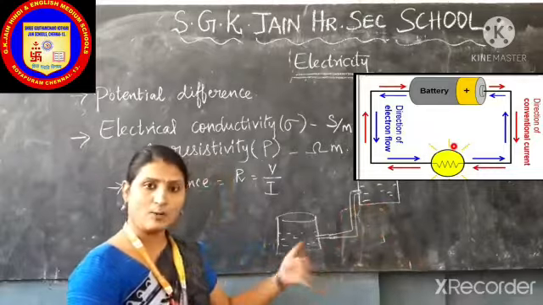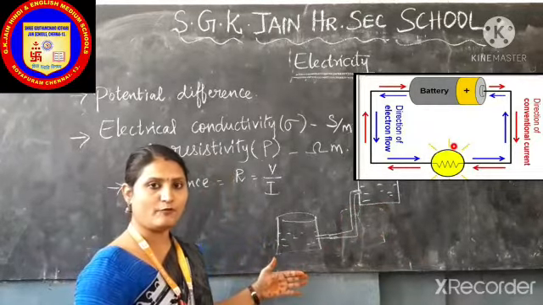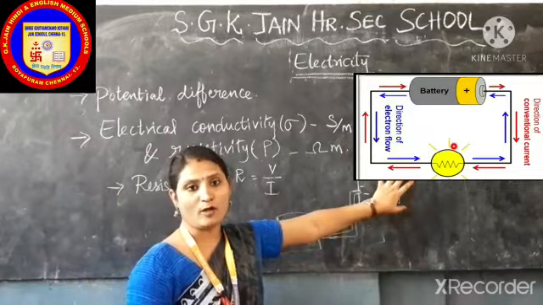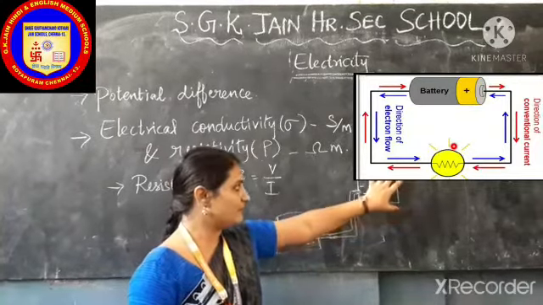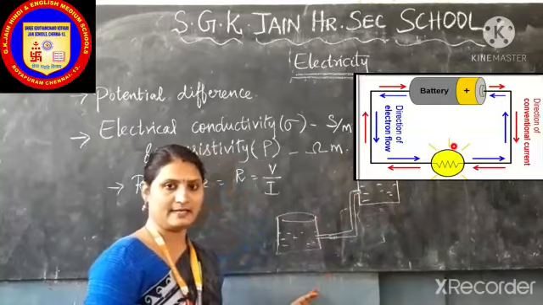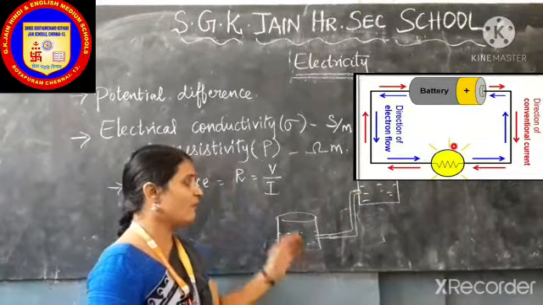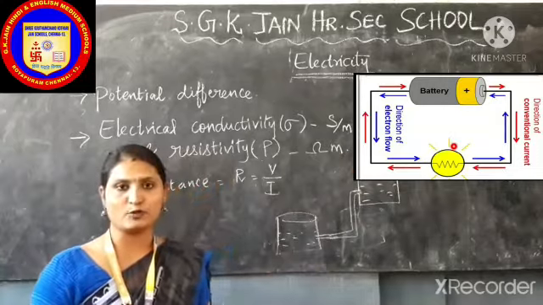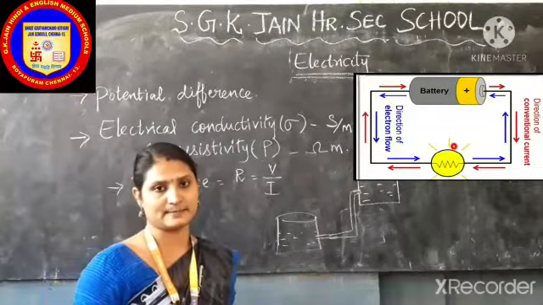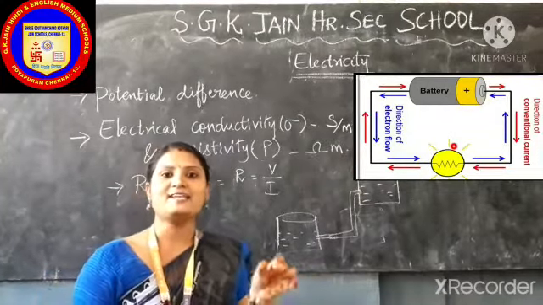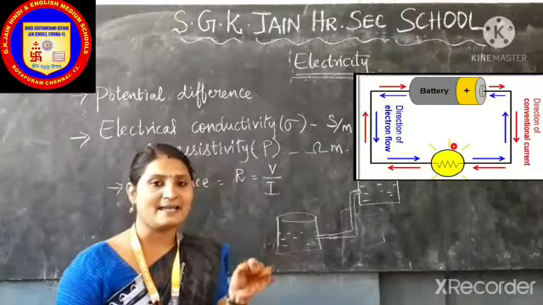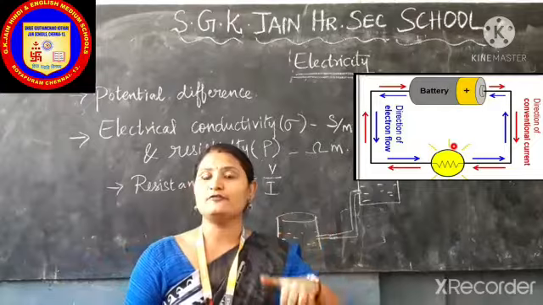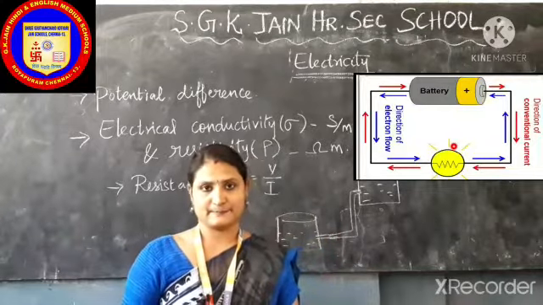Obviously the water will flow from the container which I kept on top to this container. So what enables the water flow from one container to another? Yes, height difference. Because of the height difference, the water flow takes place.